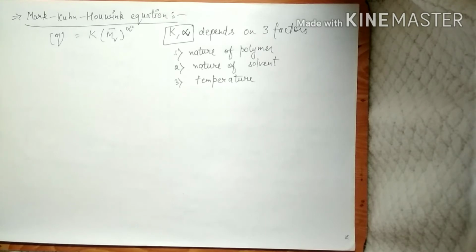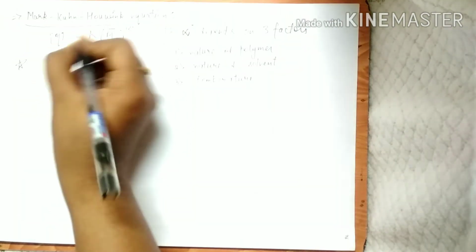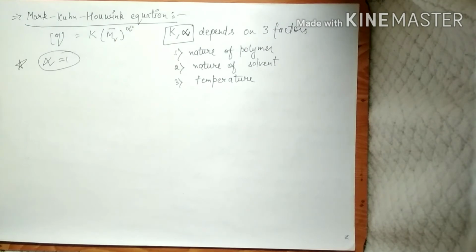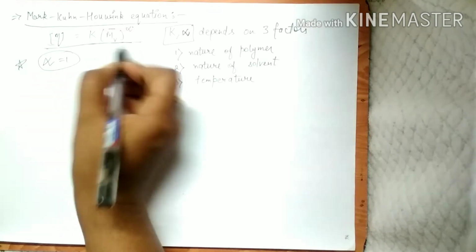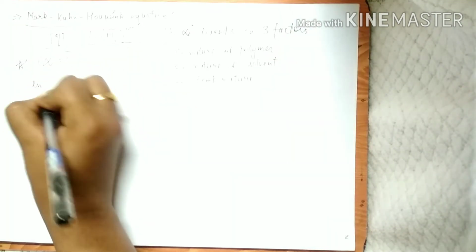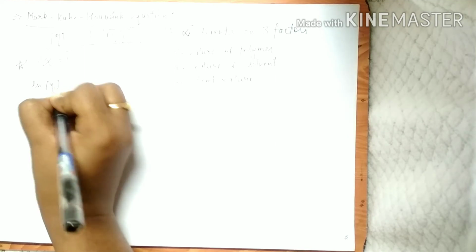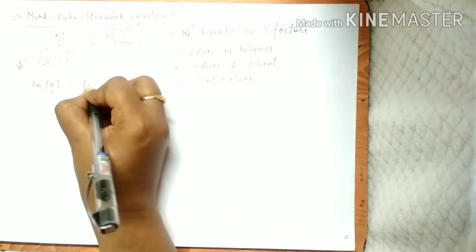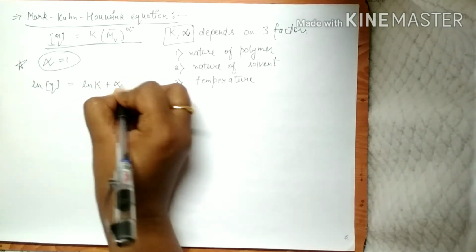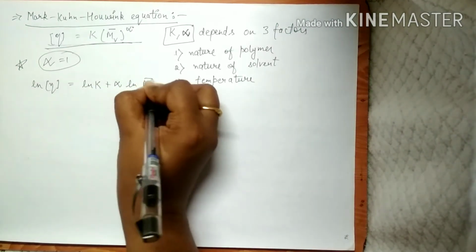Okay, so if you can star mark this, if alpha is not given in your question, then take the value of alpha equal to 1. Okay, so now from here, if we take the log of this equation, then ln of limiting viscosity number will be equal to ln K plus alpha ln Mv bar.